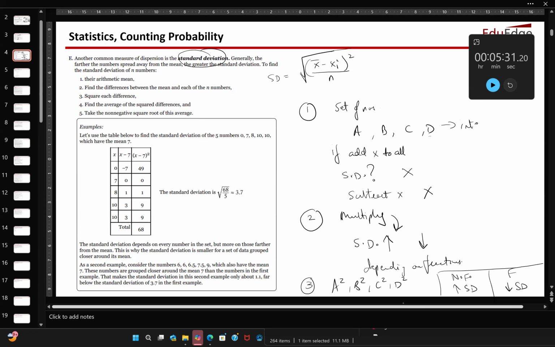Suppose the original numbers were 1 by 2, 1 by 3, then the numbers in the new set become 1 by 4, 1 by 9. So obviously they are lower, so their standard deviation will be lower for fractions. For numbers whose mod is greater than or equal to 1, the standard deviation will increase on squaring. So these are some of the easy things about standard deviation.